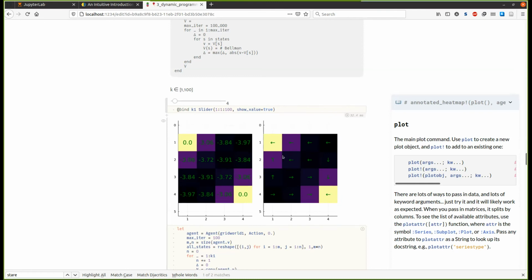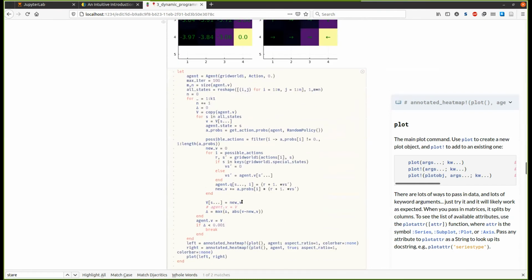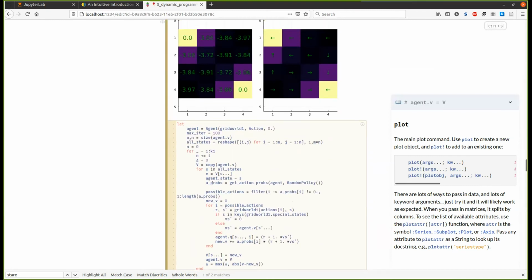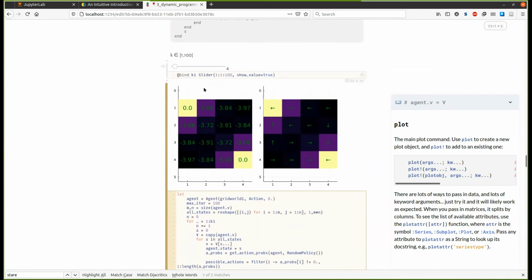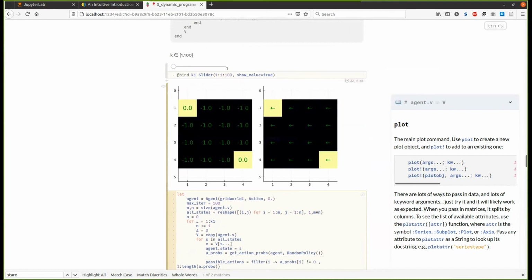Yeah, and another interesting thing, mentioned in the book, is that we can get faster convergence if, instead of having two arrays for value, we update it on the fly. As you saw after the first step in the previous case, we have negative ones everywhere.